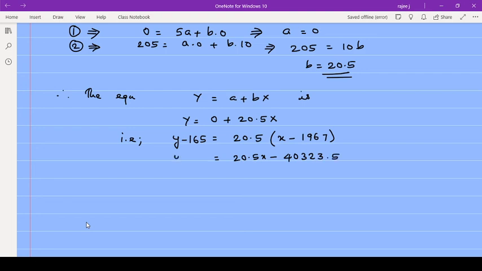And here it is y minus 165. Now take this to the right side, so y is equal to 20.5x minus 40323.5 plus 165. How much will it come? 40158.5. Okay, so this is the required line.